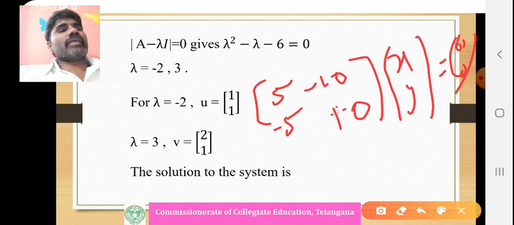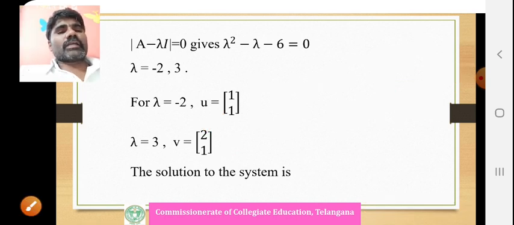This implies 5x minus 10y equals 0, that implies x equals 2y. X is 2y, and y is the independent free variable. That's why the eigenvector is (2, 1). This is the eigenvector corresponding to lambda equals 3.